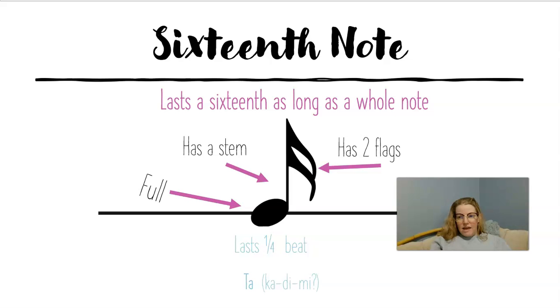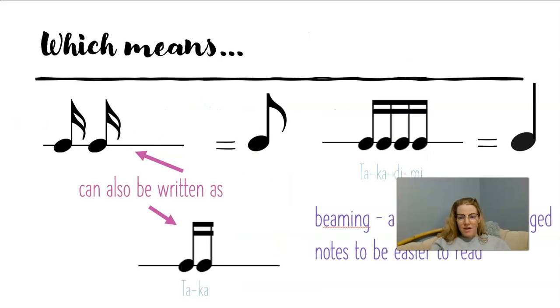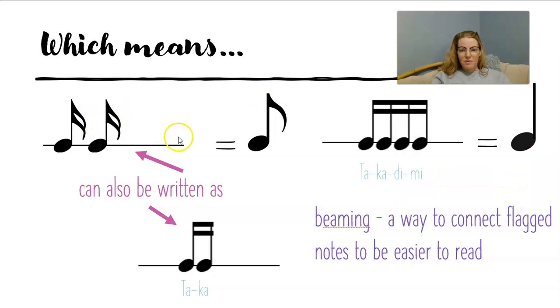Now, it's the same breakdown as all of our other ones, meaning that if we have 2 16th notes, it's equal to 1 8th note, just like 2 8th notes was equal to 1 quarter note, and on and on and on. Just like our 8th notes, they can be beamed together so that it's easier to see and read and play.